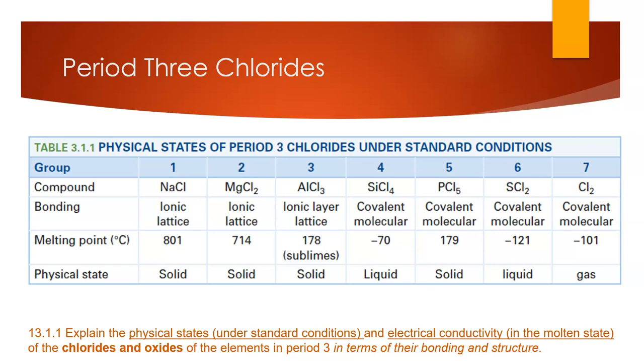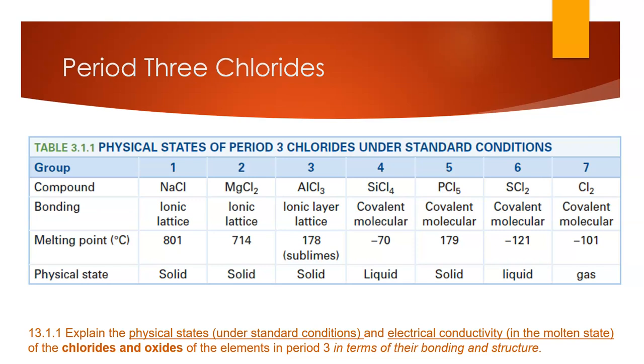Then we start to see our melting points drop significantly with -70 for silicon. Our phosphorus jumps back up to 179, very close to that of aluminium chloride, but then we see a rapid jump again down to -121 and -101. So these last two are clearly going to be gases at room temperature.